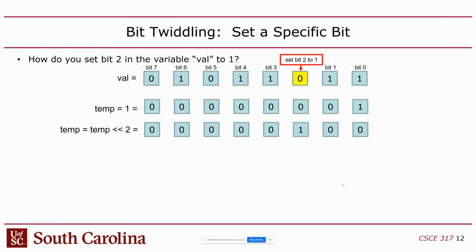Why 2? Because we want to change bit 2. That will position the 1 bit inside the temporary variable into the position of bit 2, so we're lining it up with the bit in val that we want to change. So we've got val, the value that we want to bit twiddle, and temp, a little auxiliary temporary value that we're going to use to get there.